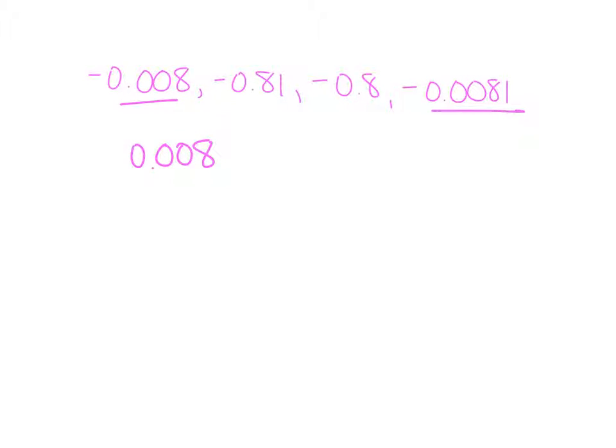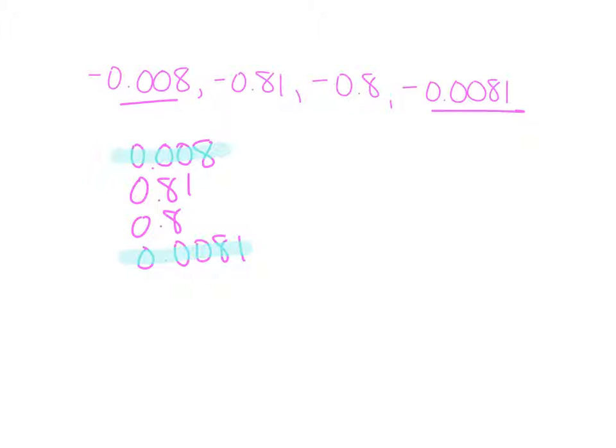Actually, I'll do 0.008. I'll do 0.81, 0.8, and then 0.0081. So if I actually want to compare the smallest, I'm looking between these two zeros. I'm looking between this one right there, and I'm looking between this one right there.